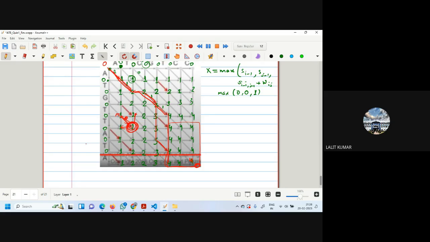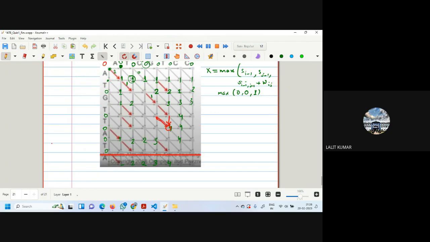And when you do backtrack, either you will go top or you will go west or you will go here. So you will go from where that value is coming. For example, in this case, this 4 has come from everywhere. But for example, if I want to do backtracking from here, this 4 has come either from here or from here.